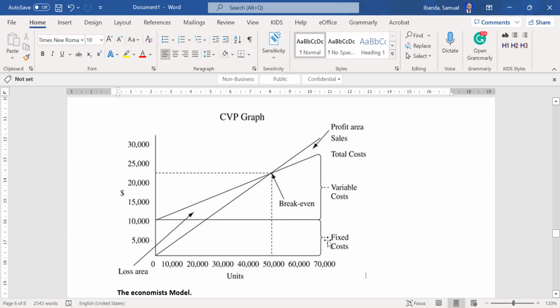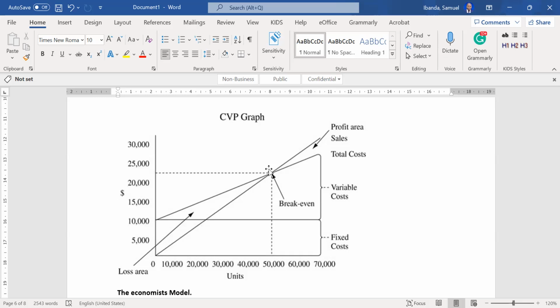Okay. And then we also need to appreciate that as revenue grows and total cost grows, there is a point in time when these meet. Just imagine a new business that is starting today.